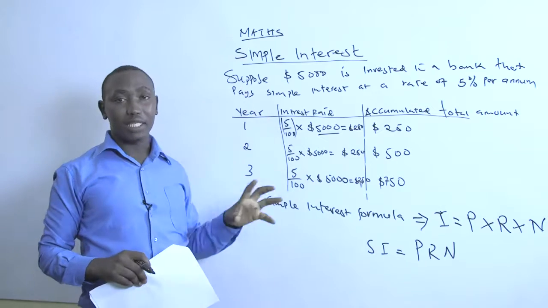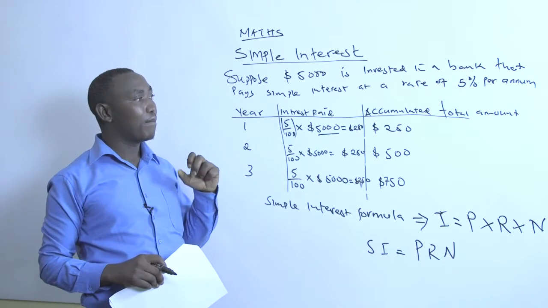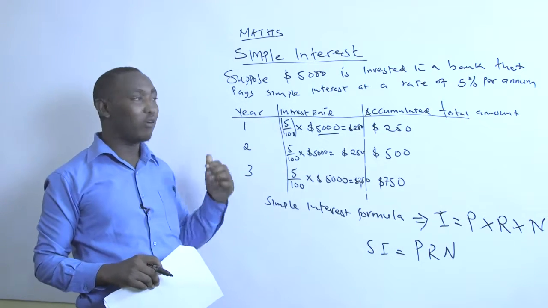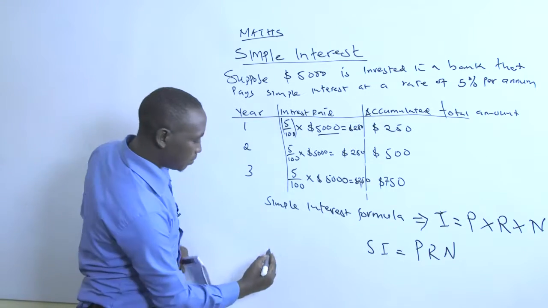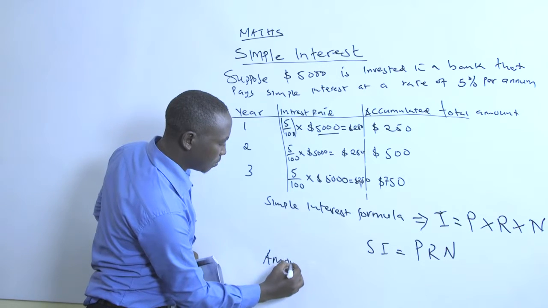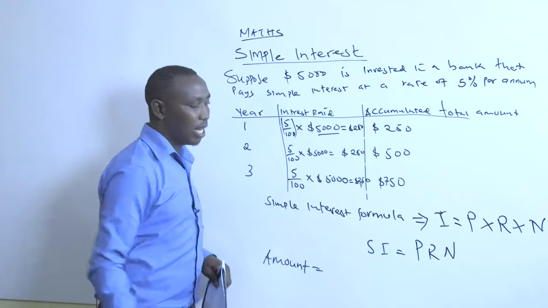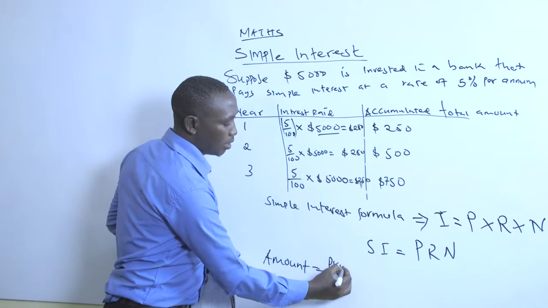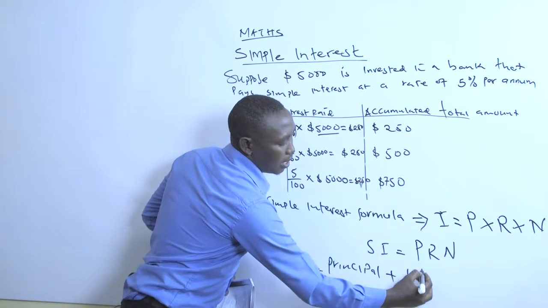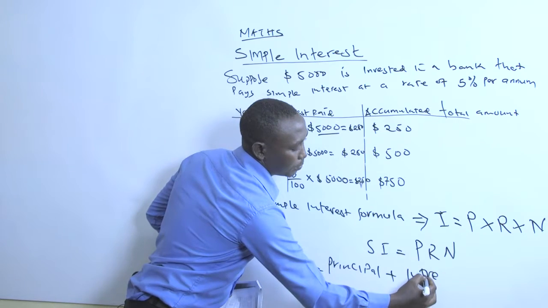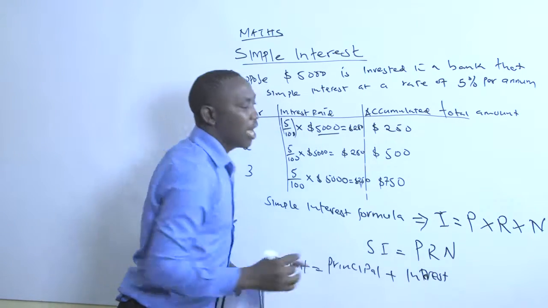So that particular sum of money that is normally picked at the end of the investment period is referred to as the amount, and is normally given by the principal plus interest accrued.